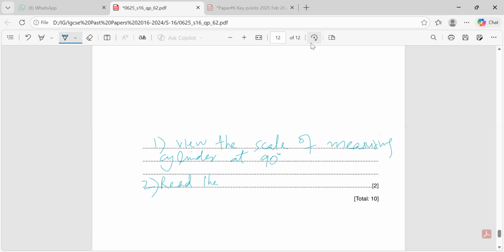Read the scale from the bottom of the meniscus. The bottom of the meniscus, what is that? That is the curved surface. This is the bottom of the meniscus of the liquid. So this way you can score all 2 marks.